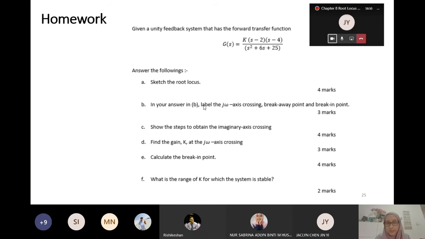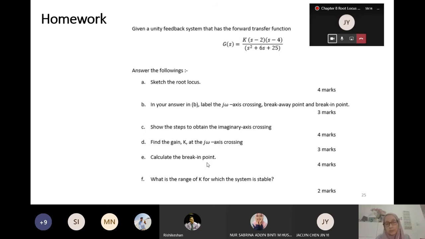In your root locus, you need to put an arrow and show which one is the breakaway and which one is the break-in point. Then show the steps to obtain the imaginary axis crossings, and then find the gain K at the j omega axis crossing.